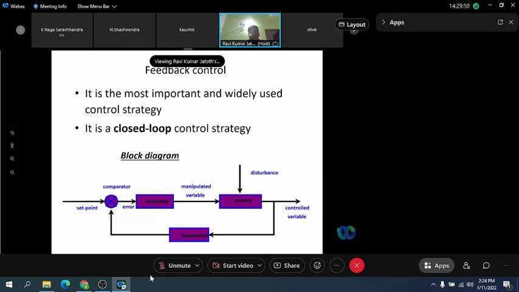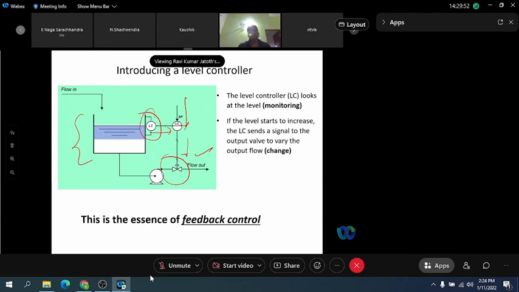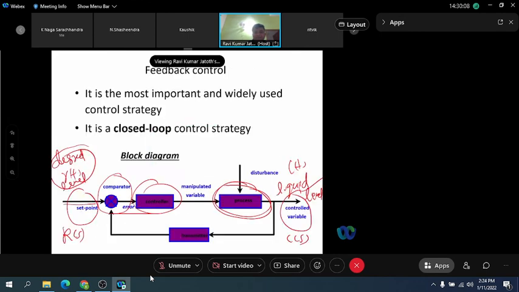There are a few terms related to this. So the liquid level has to be maintained at a certain level. So we use some sensor to measure the liquid level. And here we compare the actual level with the reference level.